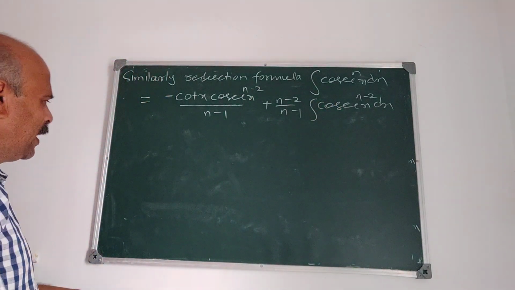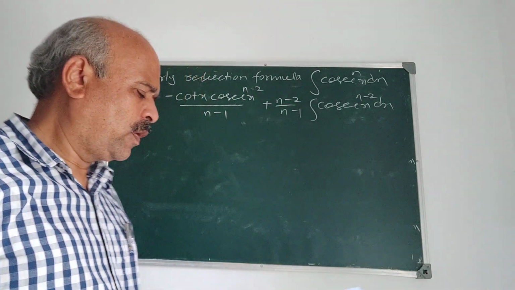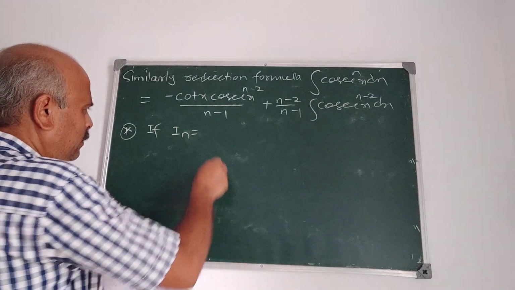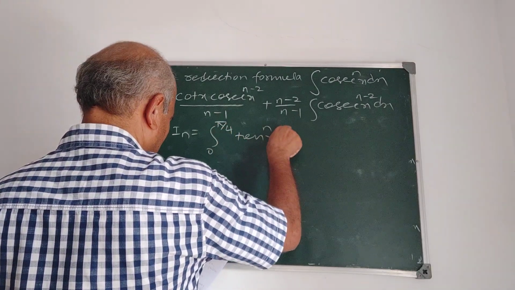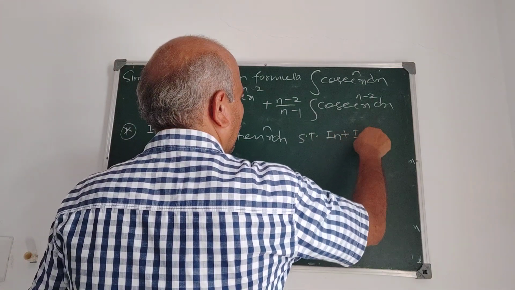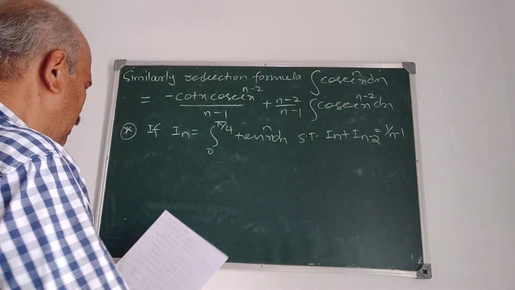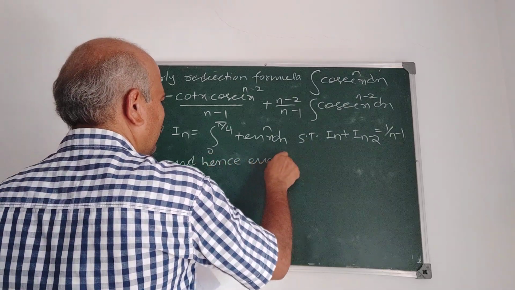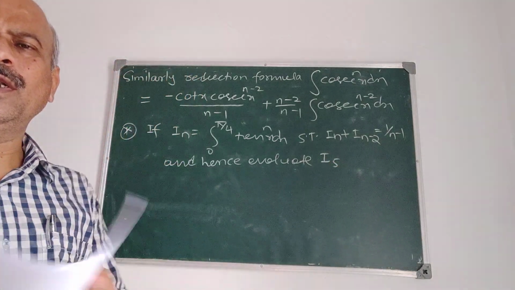Now I consider some standard problems that may be asked in the examination for 5 marks. I take the problems one by one. If In is the integral from 0 to pi by 4 of tan x raised to n dx, show that In plus In minus 2 is 1 upon n minus 1, and hence evaluate I5.